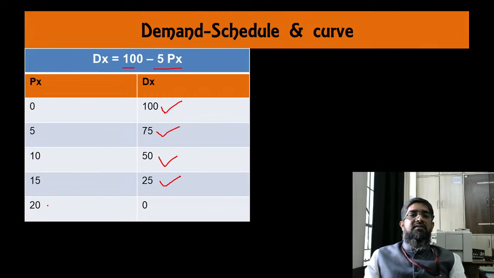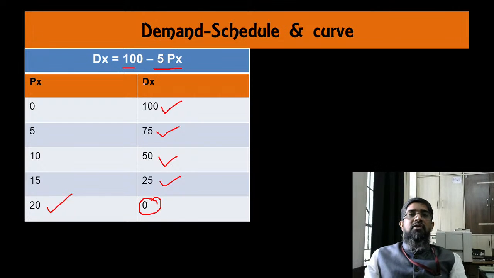And lastly, when price increases to 20, your demand becomes 0. Why? You can see the equation: 5 multiplied by 20 becomes 100, so 100 minus 100, your value will be 0.